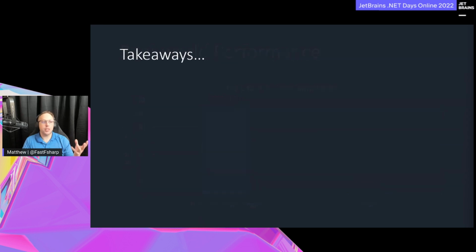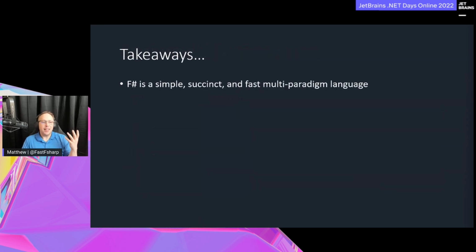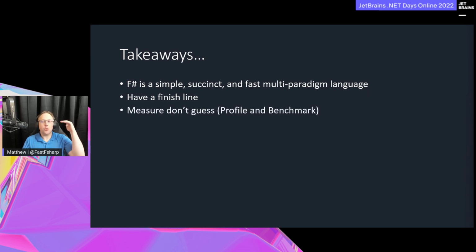So what I want you to take away from this talk. Well, first of all, F# is a simple, succinct, and fast multi-paradigm language. It is not really a functional language. It has functional features, but it is not functional only. When you do this performance work, you need to have a finish line in mind. You want to measure. Don't guess at what your performance is. Have the right collection for the job that you're doing.